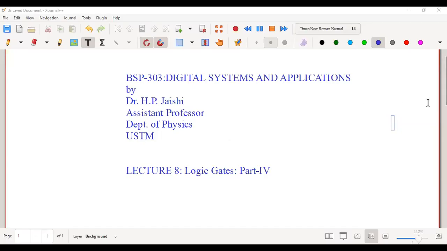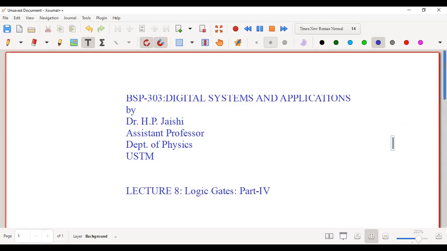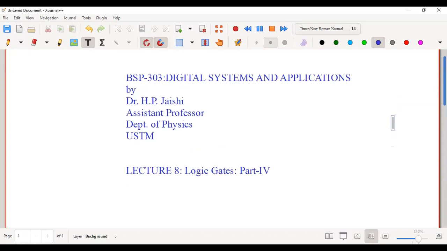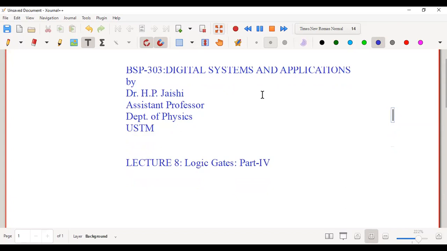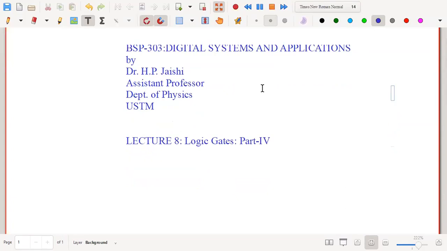The basics of the NOR gate I have already taught you in the last lecture. We'll continue right from there. So I'm sharing the screen. All right, you can see here on the screen that this is the 8th lecture of this course.